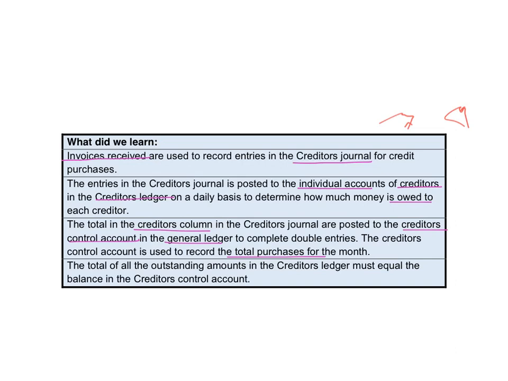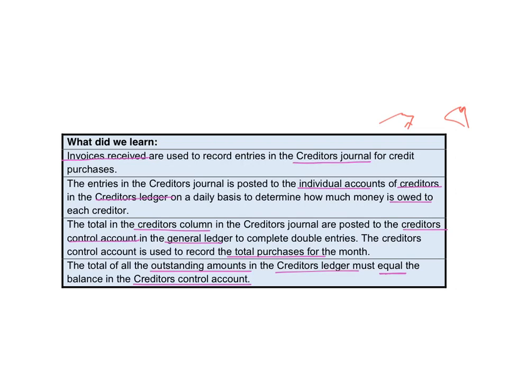Therefore, if you take all your creditors and add all the outstanding amounts at the end of the month, then that total in the creditors ledger must be equal to the balance in the creditors control account, because the creditors control account is a summary of all the entries that were entered into the creditors ledger.